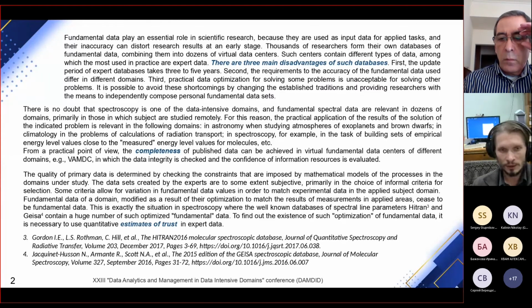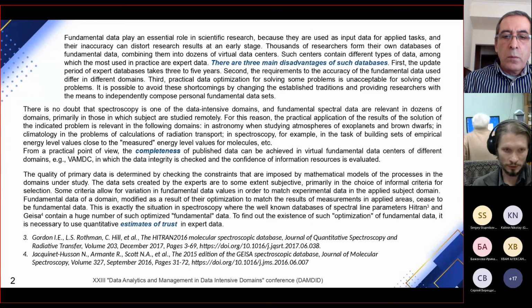Some of these criteria allow varying different fundamental data values in order to match the experimental data in the subject domain we applied this data to. But when this data is modified as a result of this optimization, it ceases to apply to different domain areas, and it ceases to be fundamental data by itself.